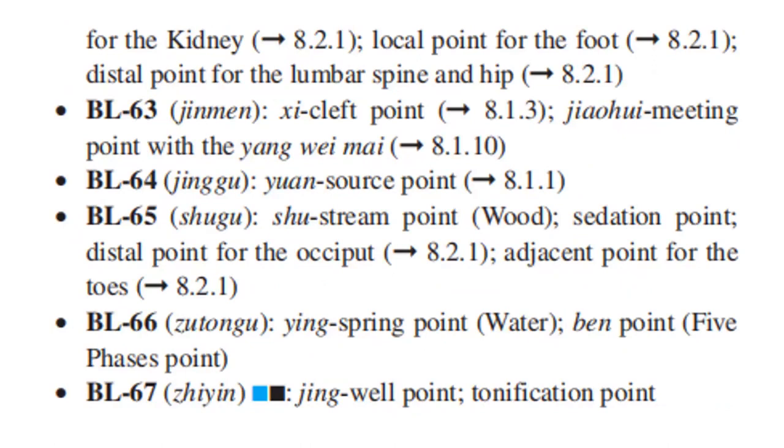Bladder 63, Xi-Cleft point, Yao Wei meeting point for the Yang Wei Mai. Bladder 64, Yuan source point. Bladder 65, Shu-Stream point, wood, sedation point, distal point for the occiput, adjacent point for the toes. Bladder 66, Ying-Spring point, water. Bladder 67, Jing-Well point, tonification point.